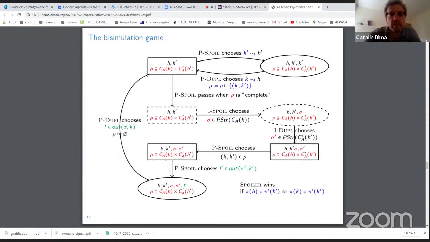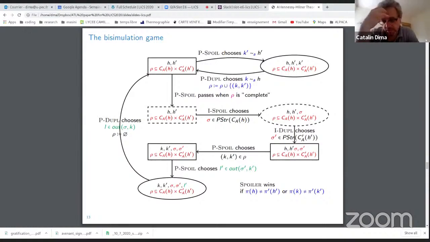And we prove that this bisimulation game is determined, and relying on that, we are able to prove the completeness. The underlying message is also that this bisimulation game cannot work if we only work with spoilers and duplicators having perfect information.